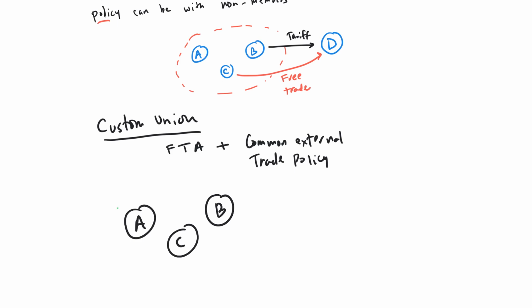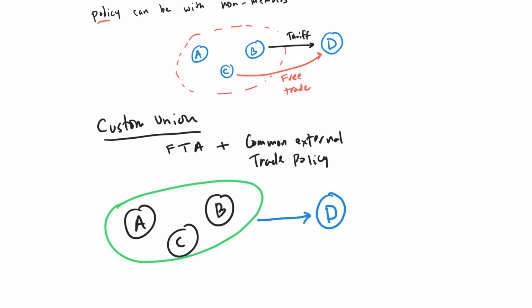All three countries will not put a trade barrier among each other. But let's say there's a country D which is not part of the customs union, the non-member. You will have a common external trade barrier, or trade policy is a better word to use. For example, you could put what we call a tariff.